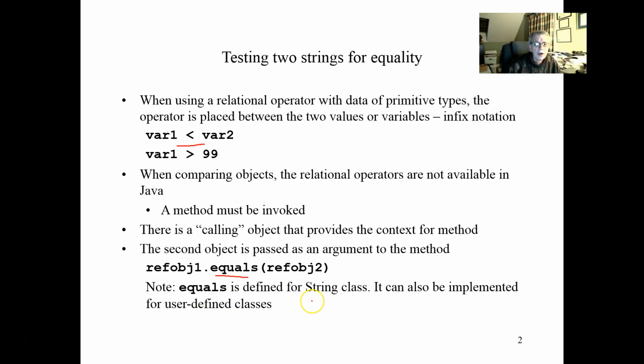Equals is actually defined for us already with the string class. So if we instantiate objects of the string class, we're freely able to use the equals method. It's already been defined. But what's interesting is if we define classes of our own, user-defined classes, we can provide an implementation of the equals method, and we can then follow the same procedure that we're going to be describing and discussing in some detail in this video with respect to string objects.